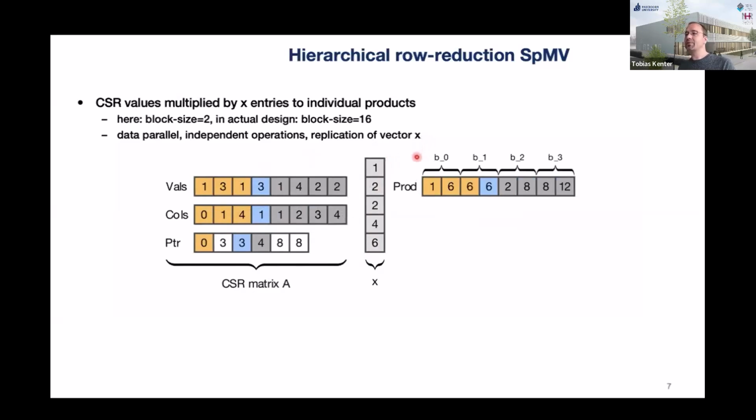Here illustrated with a block size of 2, and our practical design then with a block size of 16. The only caveat is we have actually replicated the vector x, so we can be sure whatever index we find here, that we can in parallel access all these 16 entries and perform these blockwise products.